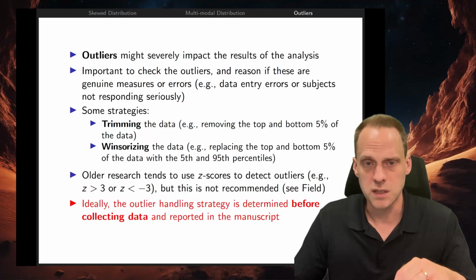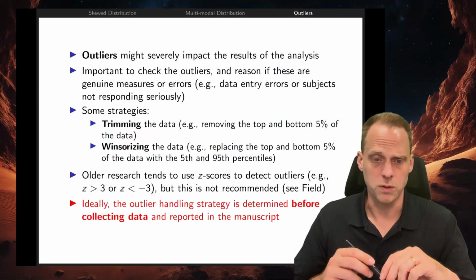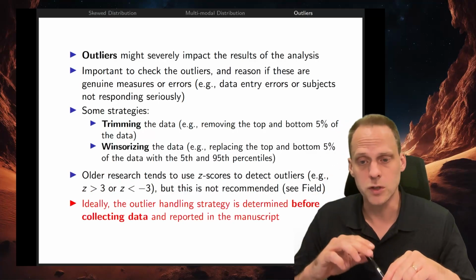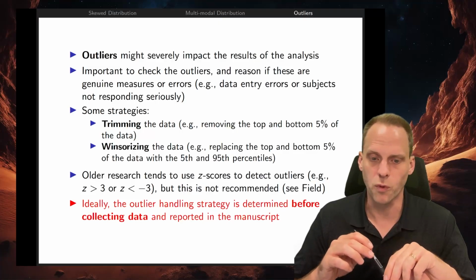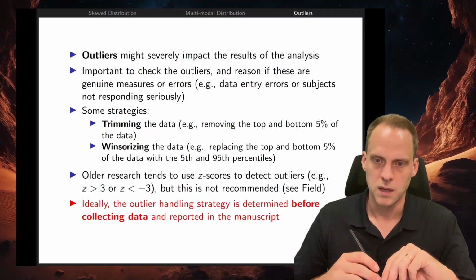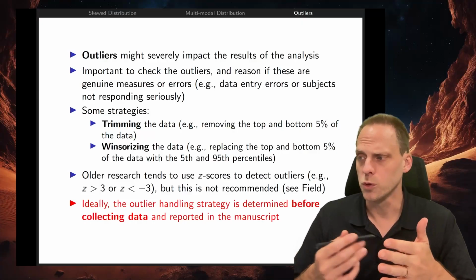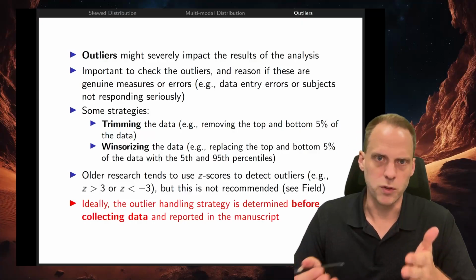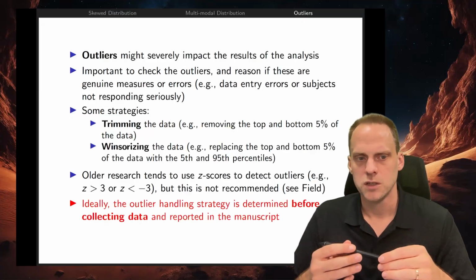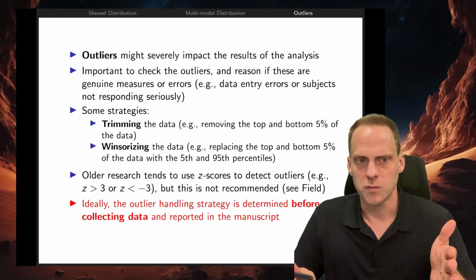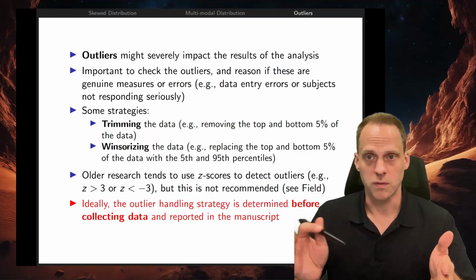So ideally, and this is really important, you determine which strategy you're going to use to handle the outliers before you collect the data. The reason is that you don't want to be able to cherry pick. If you do, you might choose whatever outlier removal strategy works best to get your significant effect.